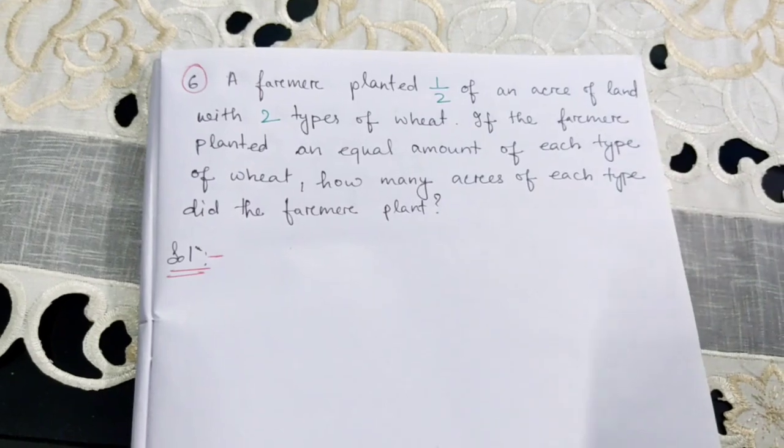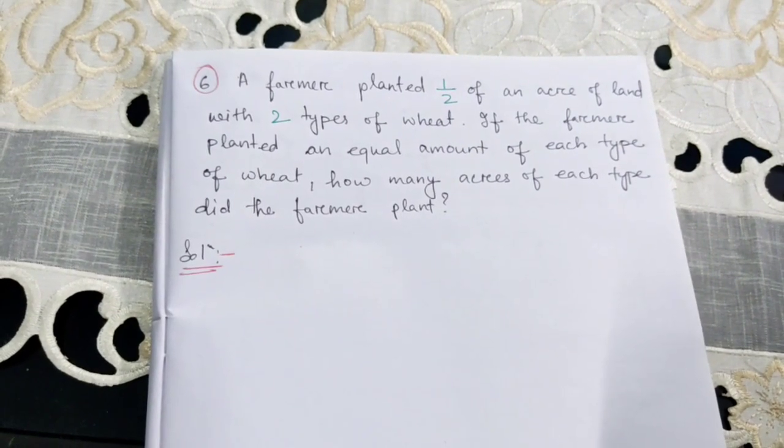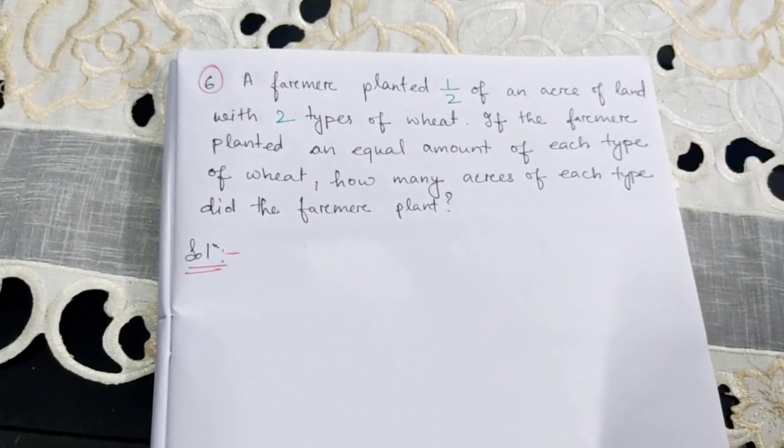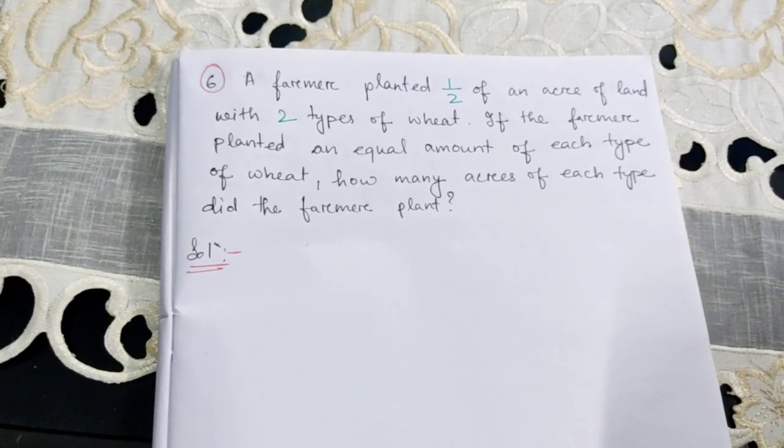Next question: a farmer planted half of an acre of land with 2 types of wheat. If the farmer planted an equal amount of each type of wheat, how many acres of each type did the farmer plant?